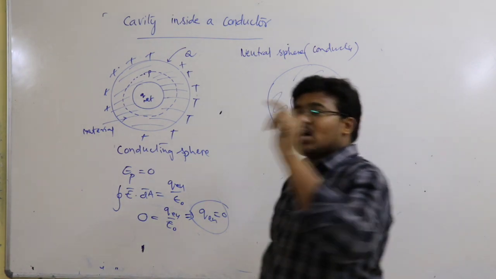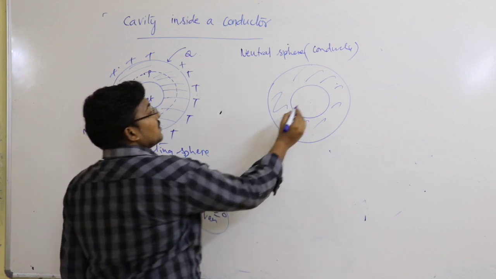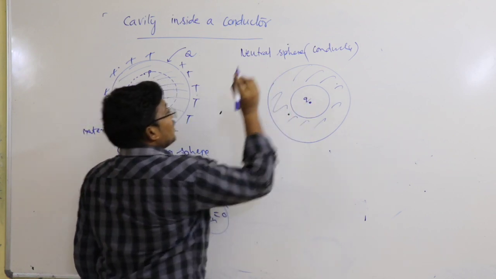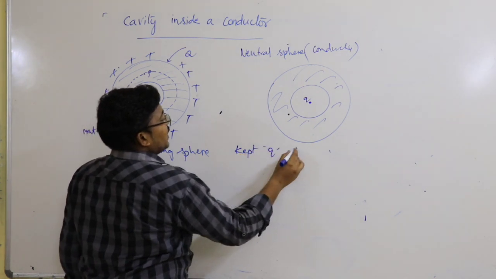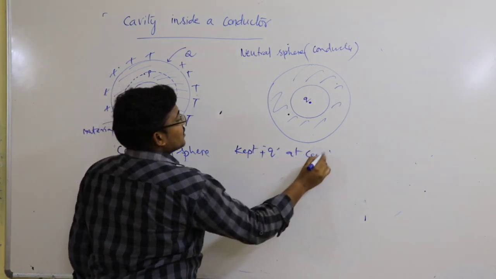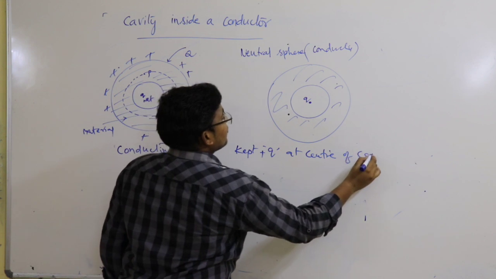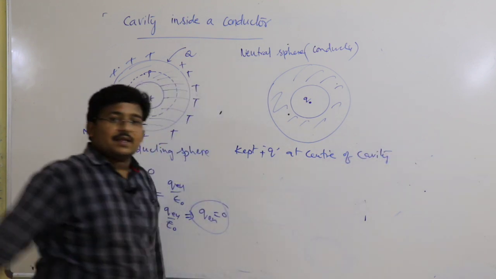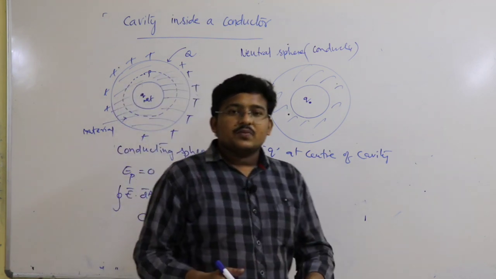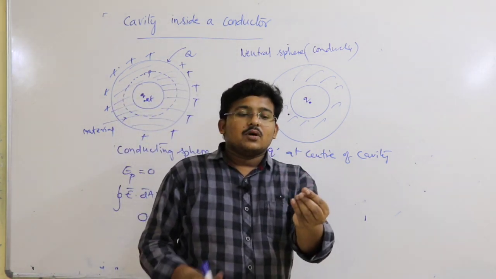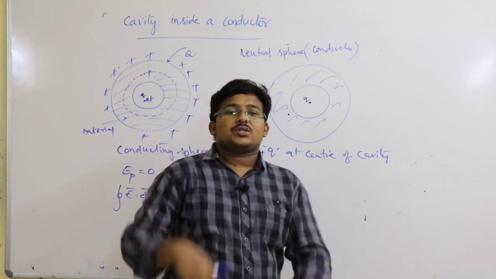Now if I keep any charge small q at the center of the cavity, then what happens? Now I will tell you, due to this small q, the charge will be induced.